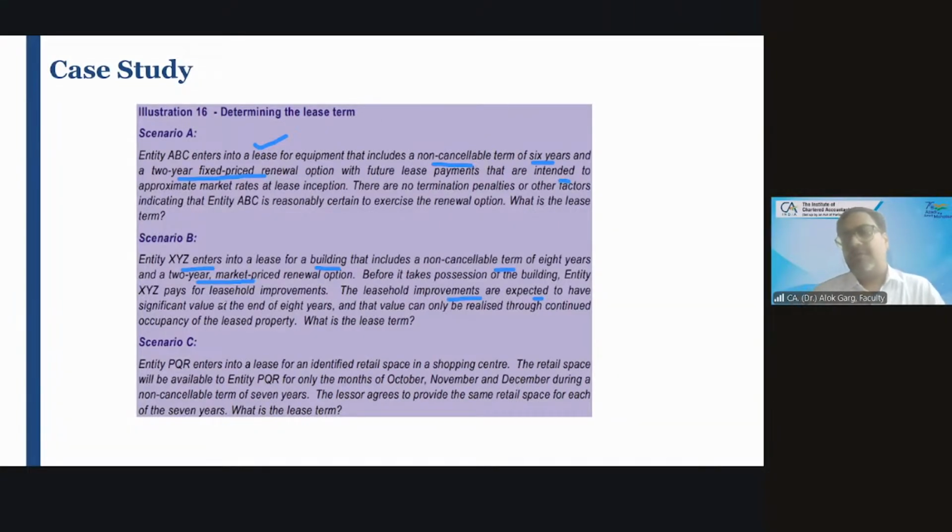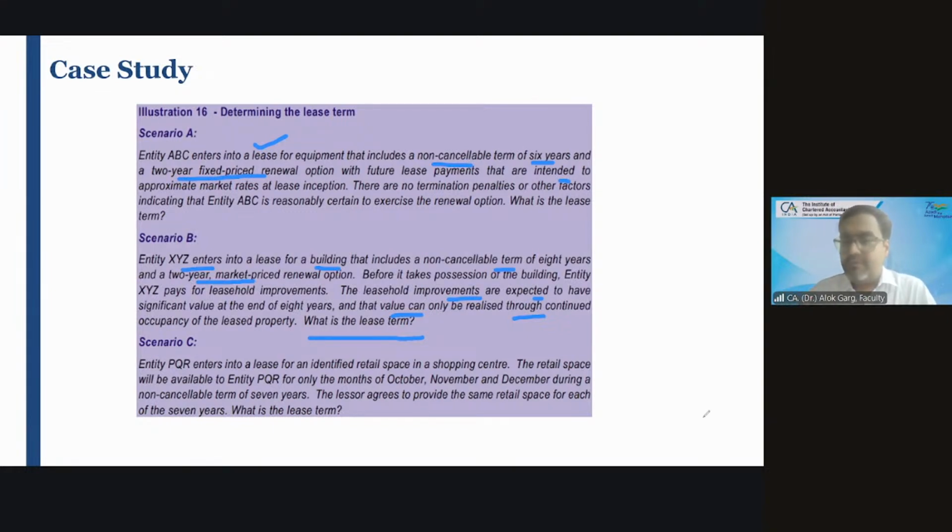And the tenant will not take the leasehold improvement along. Can you take non-movable furniture along? Answer is no. And that value can only be realized through continued occupancy of the leased property. So this value can be realized only if the lessee continues using the asset. So what is the lease term in this case? 10 years, sir.